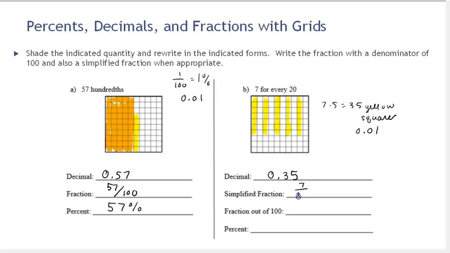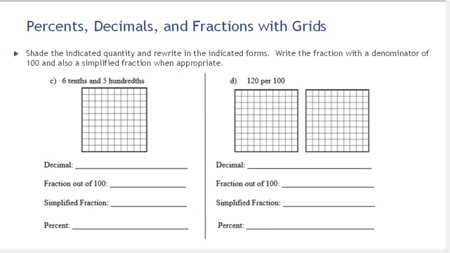It's 7 out of 20. But now as a fraction out of 100, so we can compare it to a percent, this means 35 hundredths, which is the same as 35 over 100. And as a percent, 35 hundredths means 35 per 100, or percent, which we write like this.